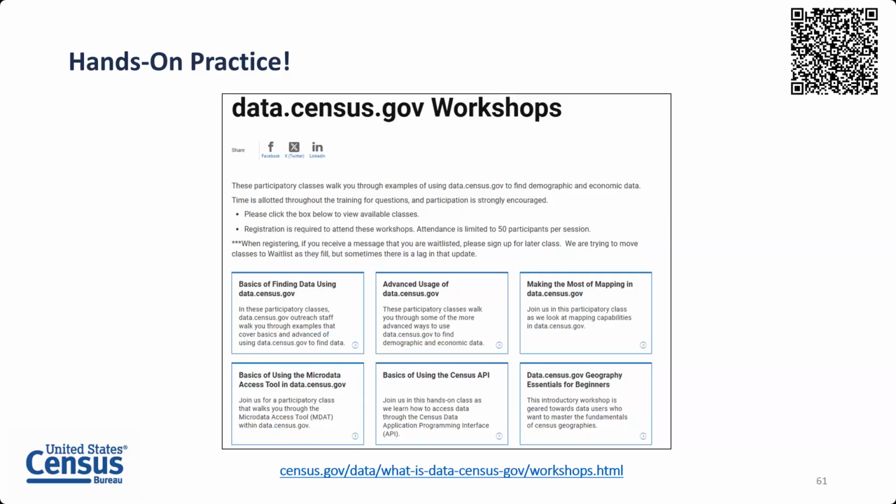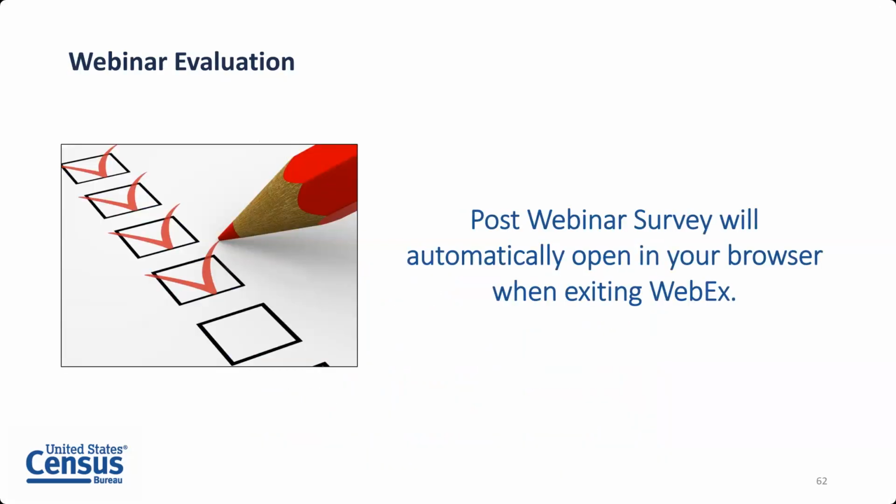And if you check back on this page in the coming months, you'll also see 2 new ones that we're planning for the American Community Survey workshop on data.census.gov and one on economic data. So if you'd like the hands-on practice for what we learned and showed today, do check back on this page for a future workshop. And with that, I will turn it over to Deb as we transition to questions.